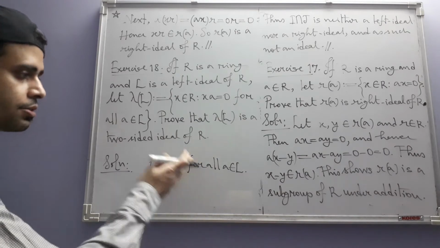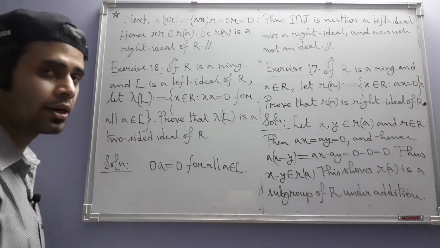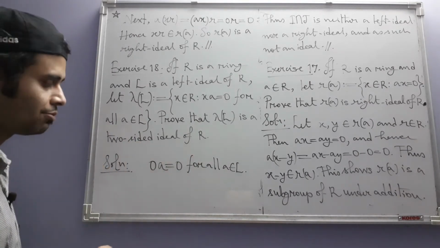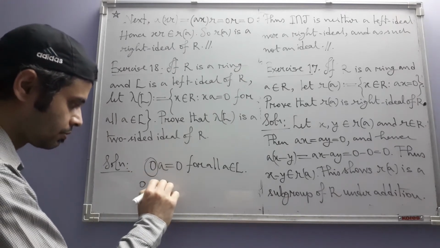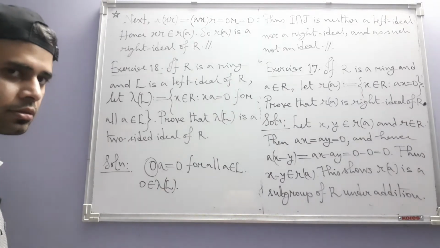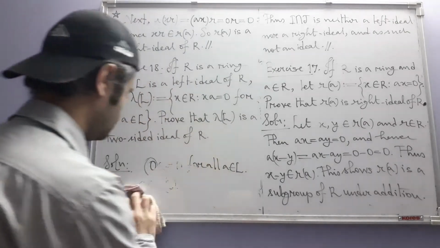In fact, this is not just true for all elements of L, but for all elements in the entire ring. So all the more so it is true for elements of L. This tells me that 0 belongs to lambda L, and hence lambda L is non-empty.